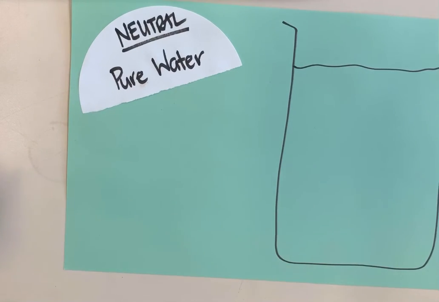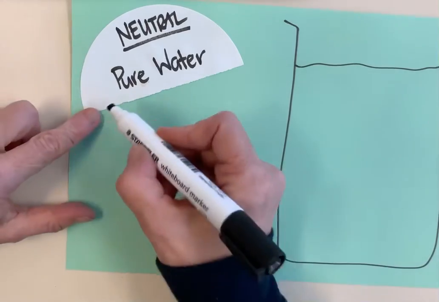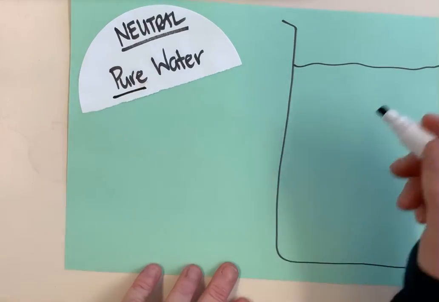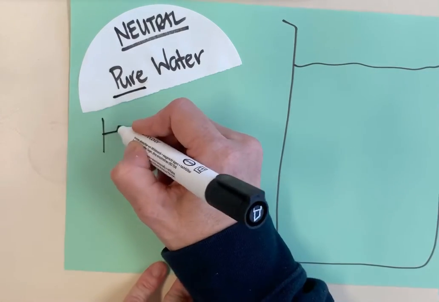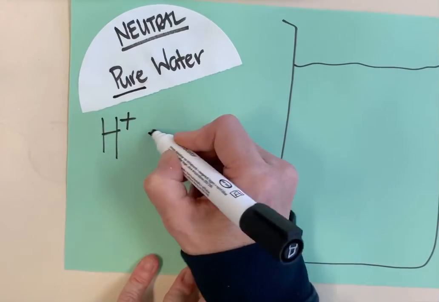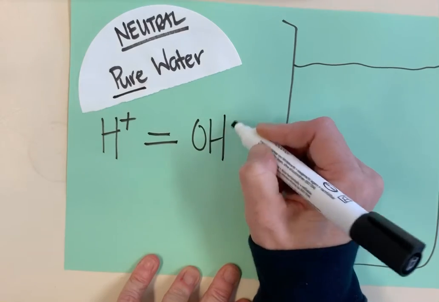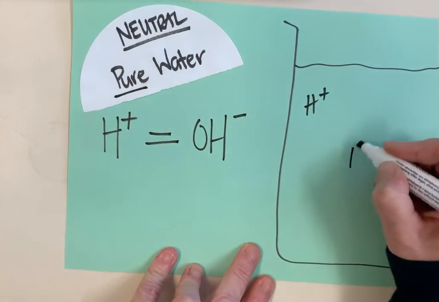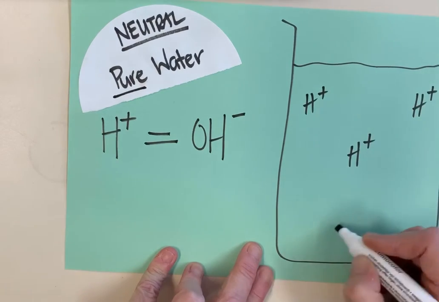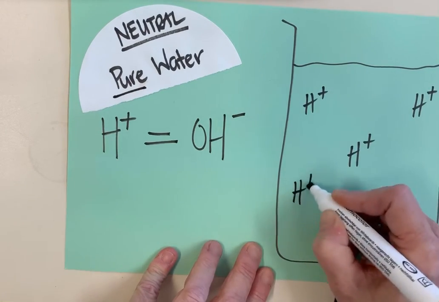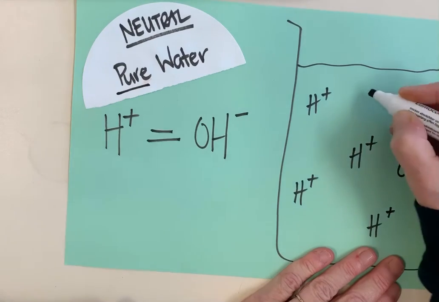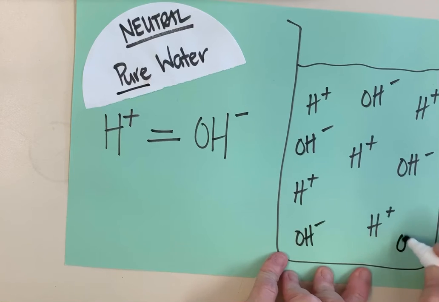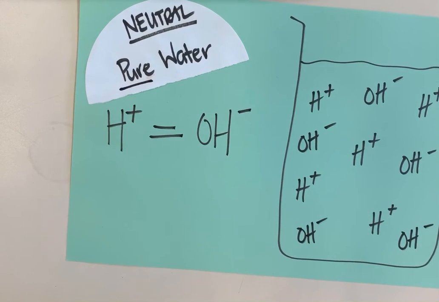And now we've got pure water here. Pure water is when the number of hydrogen ions is equal to the number of hydroxide ions. I've got 5 hydrogen ions, so I would need to have 5 hydroxide ions.